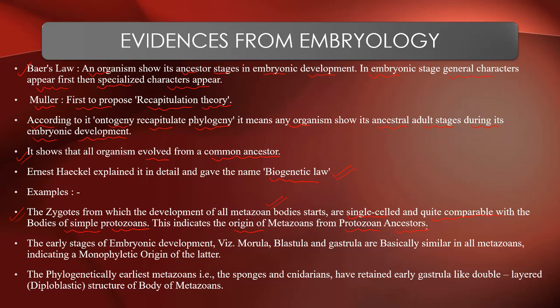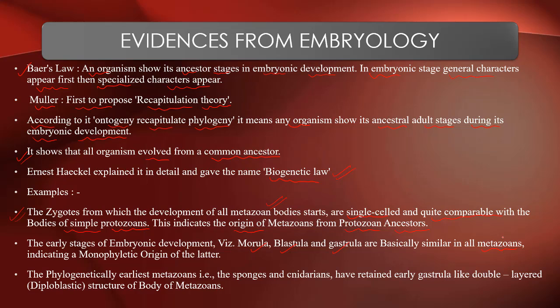So the zygotes from which the development of the metazoan body starts are single-celled, and they resemble that we have evolved from protozoal ancestors. The earlier stages of embryonic development, like morula, blastula, and gastrula, are basically similar in all metazoans. When the zygote is formed, it undergoes cleavage.